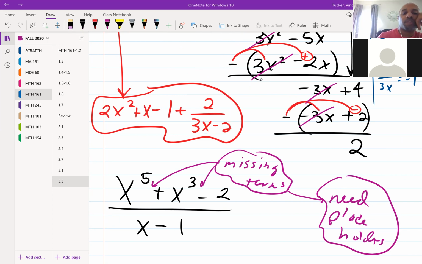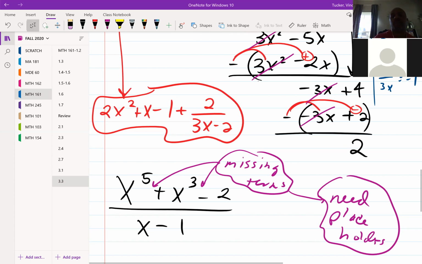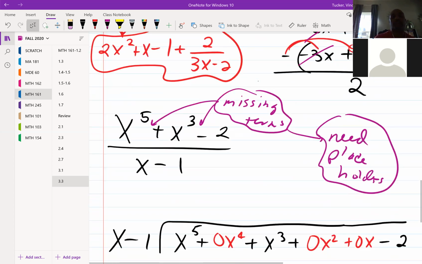But yep, it will look just like that: 2x squared plus x minus 1 plus, and then 2 over the 3x minus 2. And then someone else sent me another message. I do not need scratch work from a practice test or review test, just from the actual main test. So scratch work is just for the actual test.